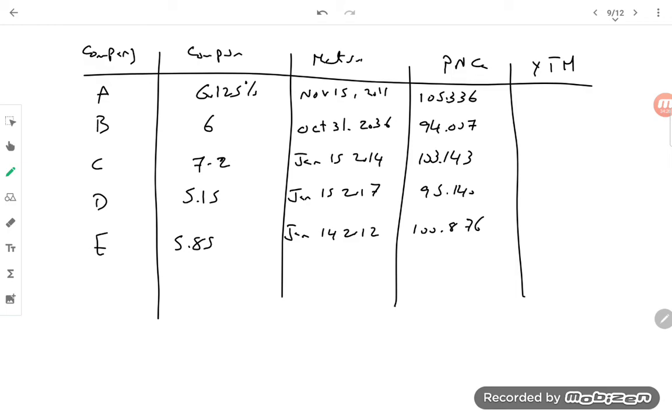Yield to maturity for company A is 4.788, then 6.4, 6.606, 5.814, and 5.613.